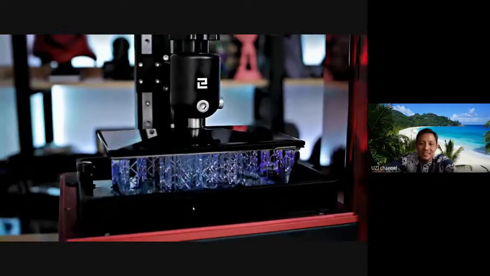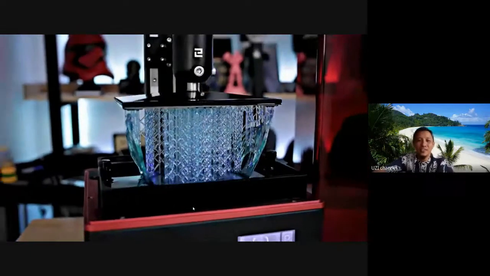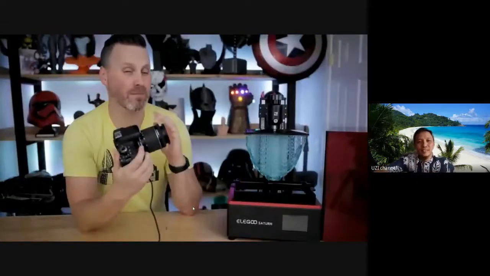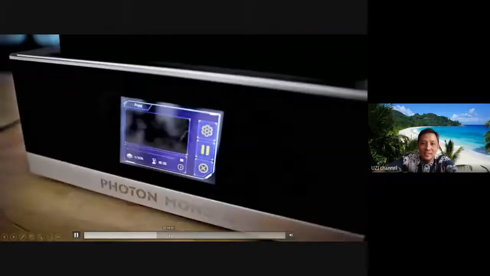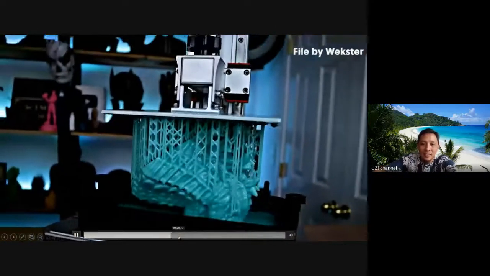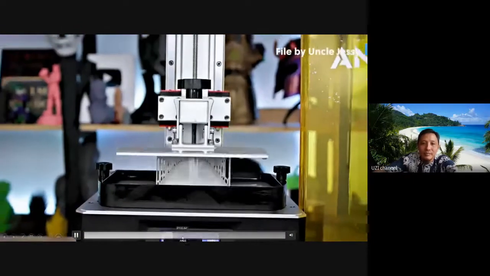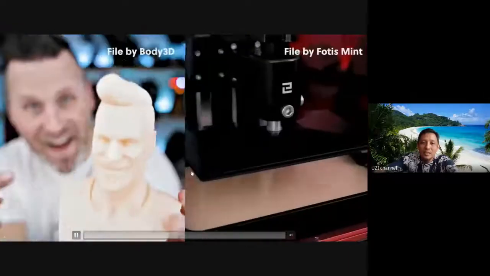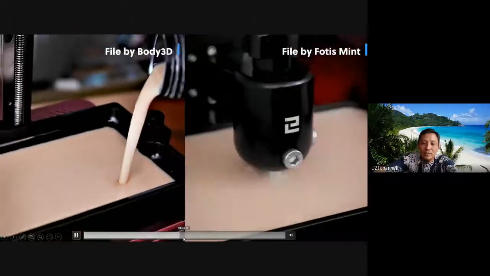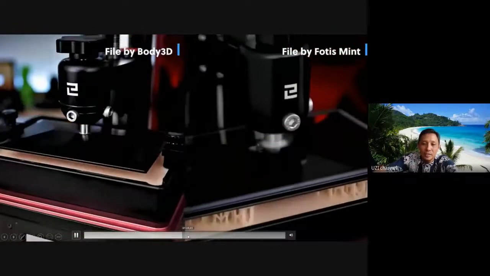Wow, that's very great. It's an amazing process of modern 3D printing. It is the real-time process. You can see it's a very fast process.